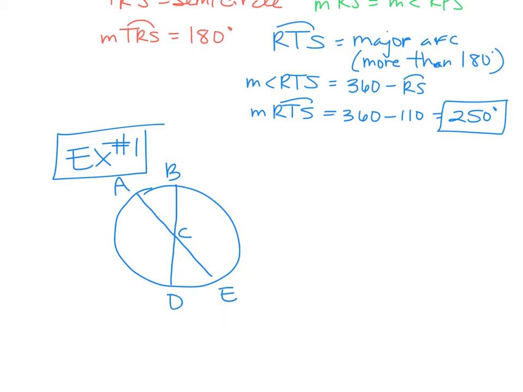Can you name for me some minor arcs? So arcs that are less than 180. Arc AB. Arc DE. Someone else give me another minor arc. There's 2 more.